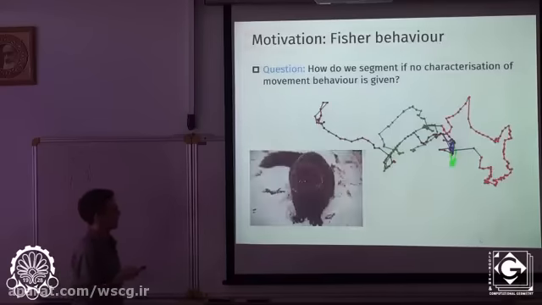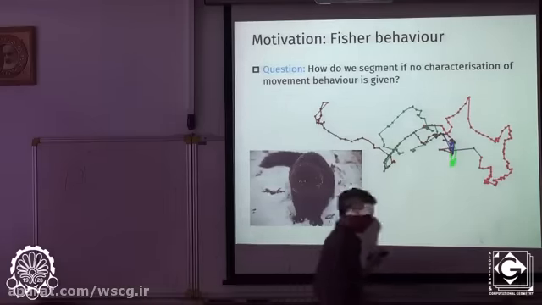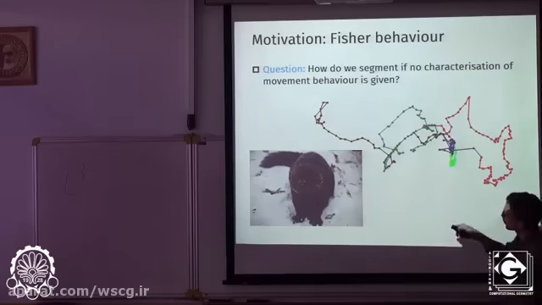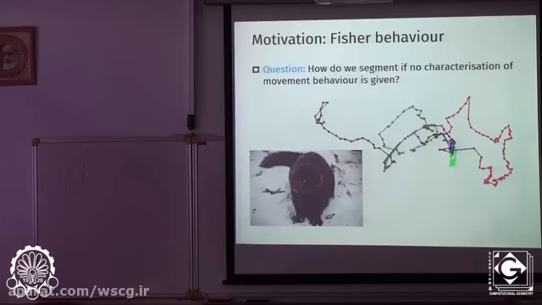So now the setting: here's a data set where we looked at this. This is a fisher, a small mammal. We would like to segment the trajectory of this fisher, but we don't have any given criteria. We don't make any assumptions about what behavior we are looking for, which is a very common setting.